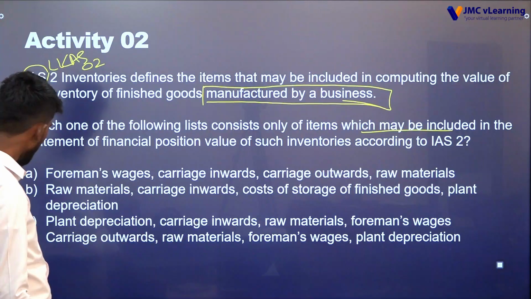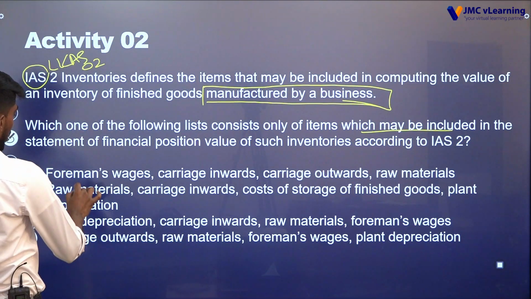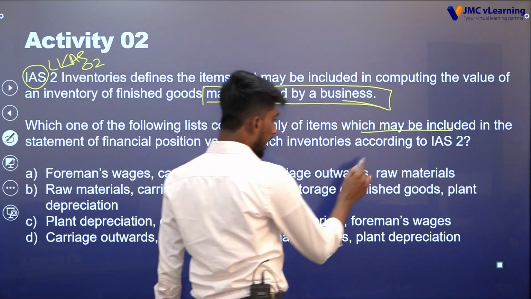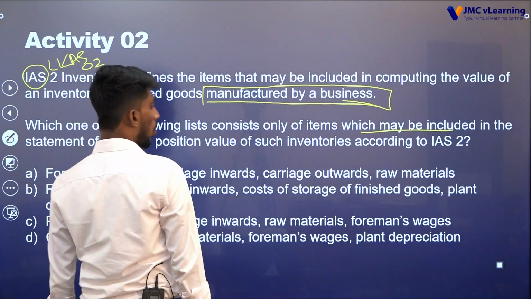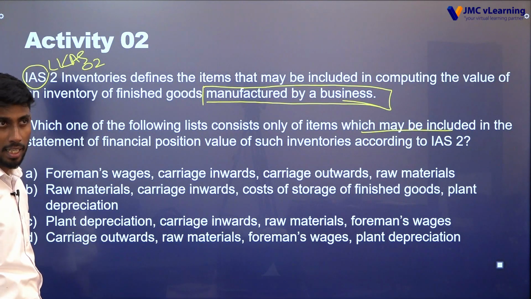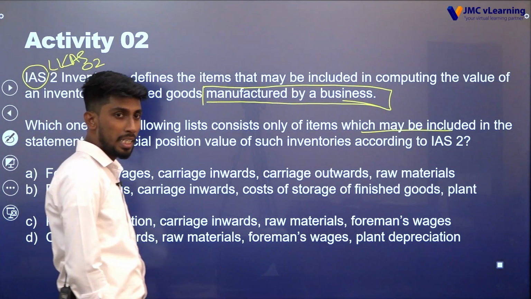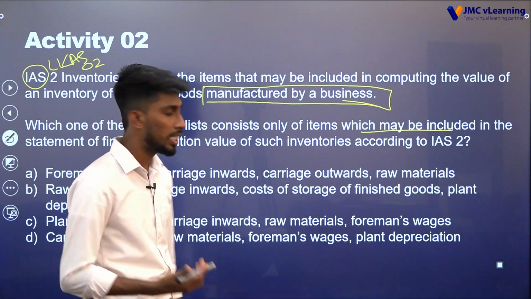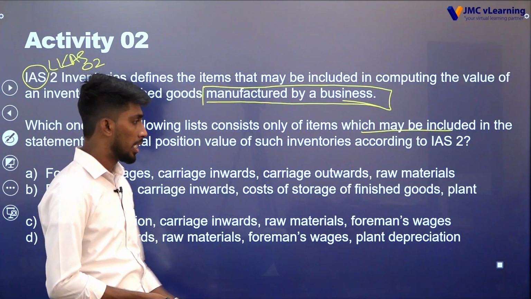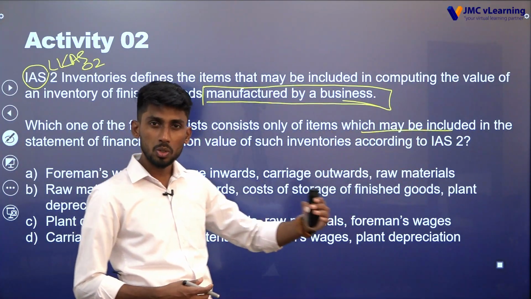Okay. Let's read A. Here, foreman's wages, carriage inwards, carriage outwards, raw materials. Foreman means what? Foreman is a factory worker. We can include that. Carriage inwards, the transport cost that we incur to bring the purchased goods to our location.